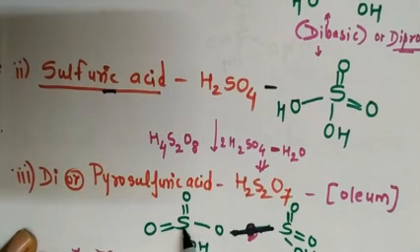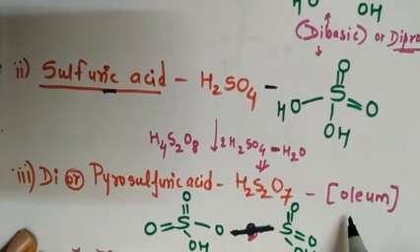Sulfur has 6 electrons in its valence shell, so 1 OH, then 2, 3, 4, 5 and 6. This oxygen is common to the other sulfur also. Because 7 oxygens are there, 3 on each side and 1 common, that makes 7 oxygen, 2 hydrogen and 2 sulfur.